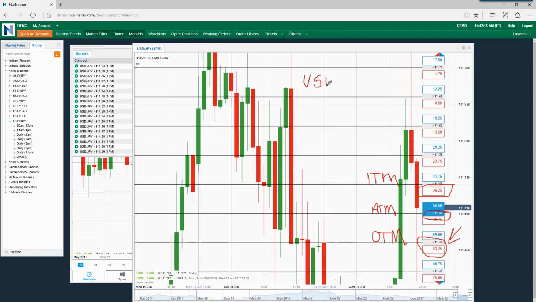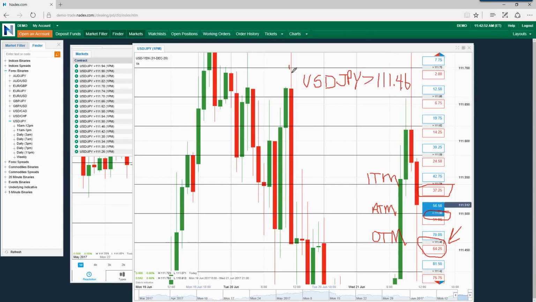Do you believe, and just type yes or no, the USD JPY will be greater than 111.46 by 1 p.m.? And this is what makes it a binary, guys. Do you believe that statement is true or false? Yes or no?